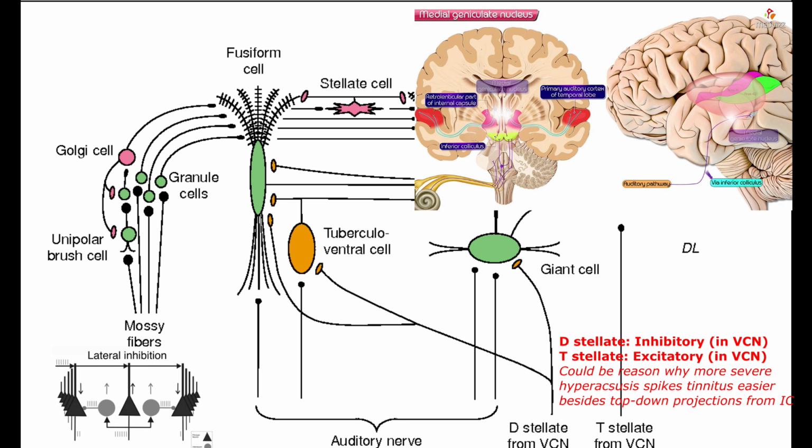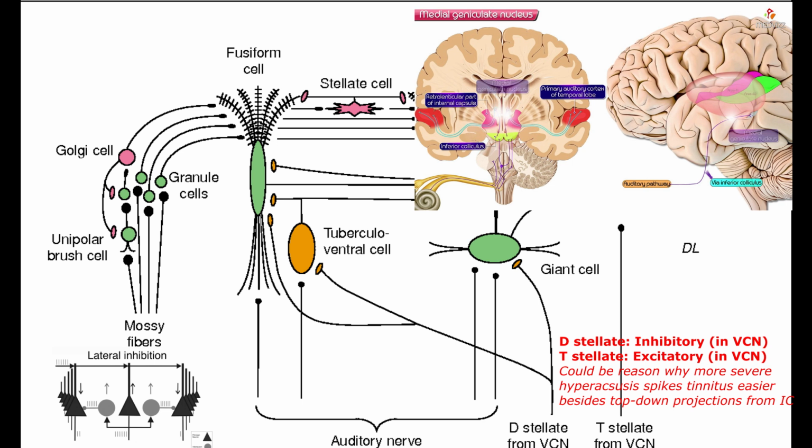For example, let's say we have one fusiform cell firing at a higher baseline. Now, this will most likely go unnoticed by higher centers, like the thalamus.